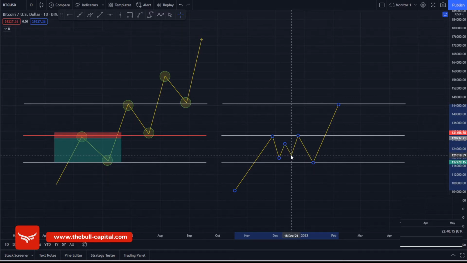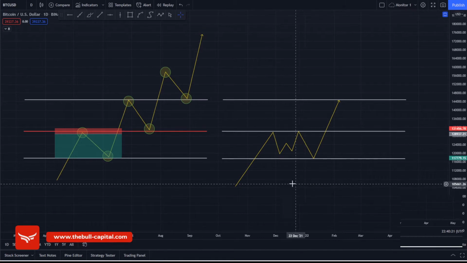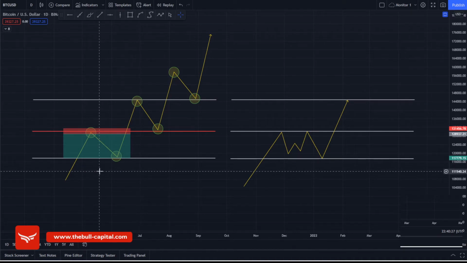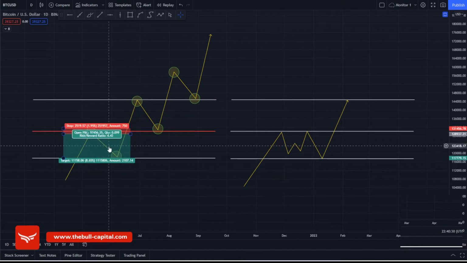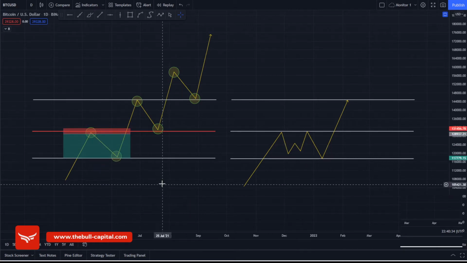Because the swing is not really going to be like a straight line, it's going to have smaller swings.